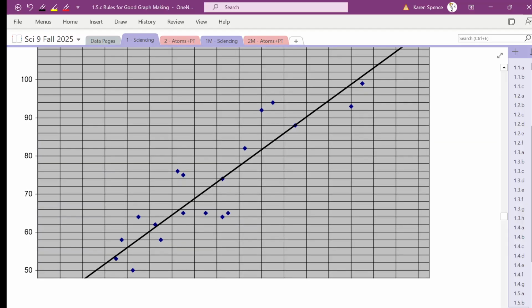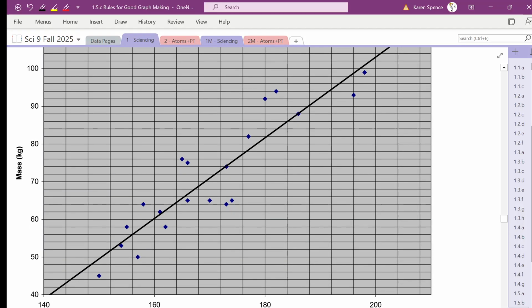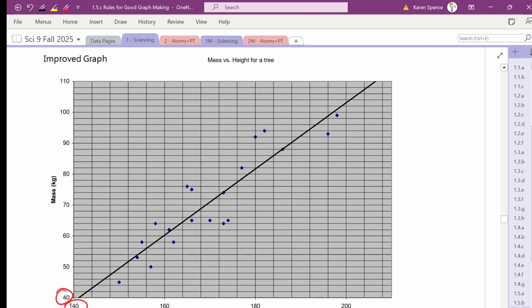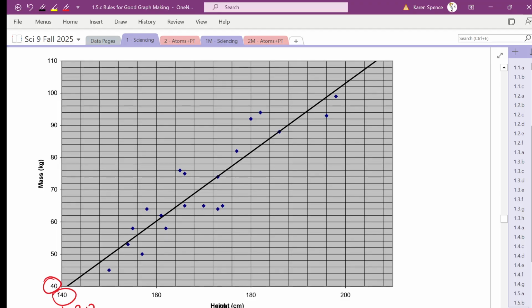So here we are, now starting at 40 and 140, not 0, 0, because none of our data were even close to 0. So it is okay to start not at 0, 0 if none of your data is close to 0.